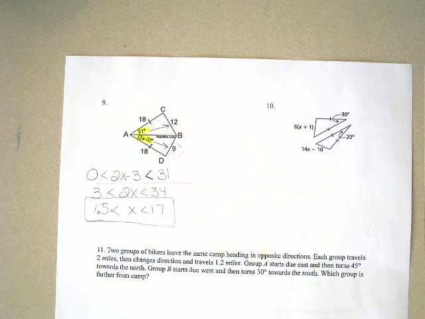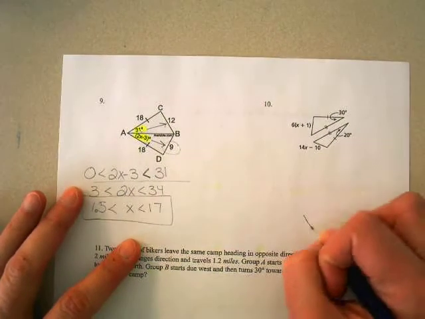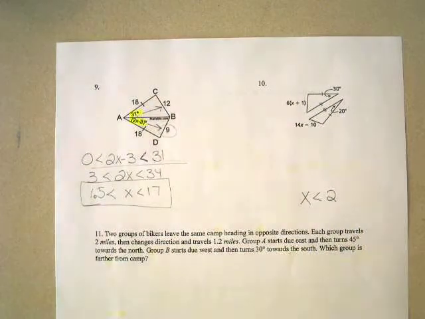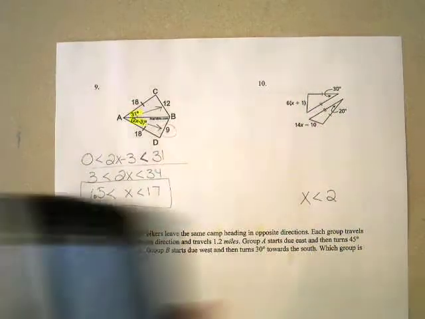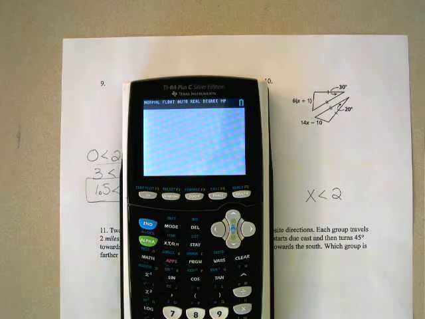Okay, ready? The answer that many of you are going to come out with is the less than 2. You're going to come out with this. But there's another end to it, because if you say x is less than 2, I don't disagree with that. But then that means I can pick any number I want smaller than 2.